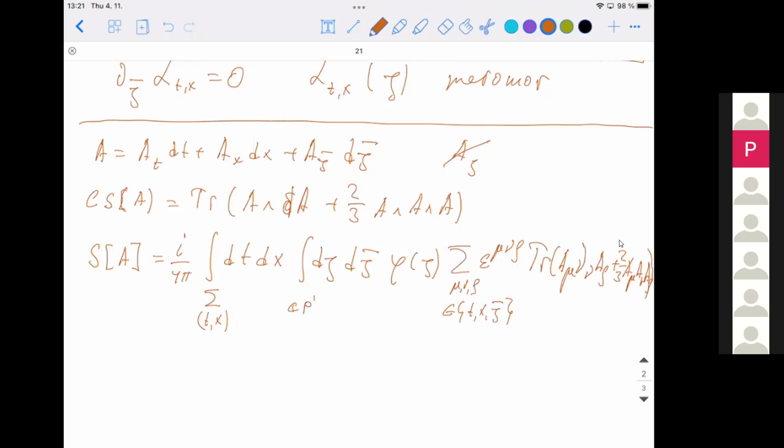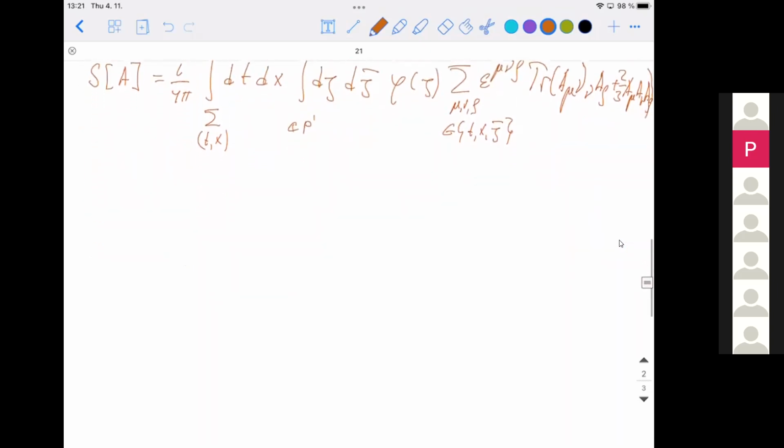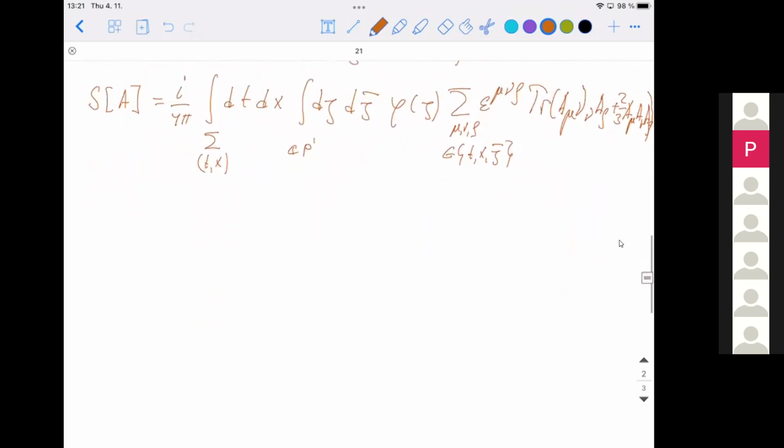Now we need to remember a little bit of the 3-dimensional Chern-Simons theory, because we will use it a lot.